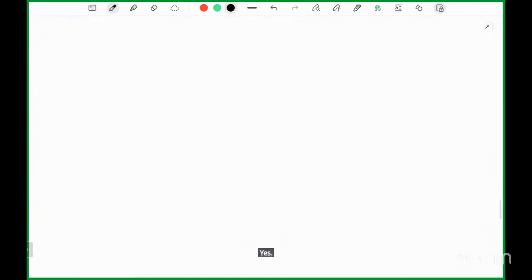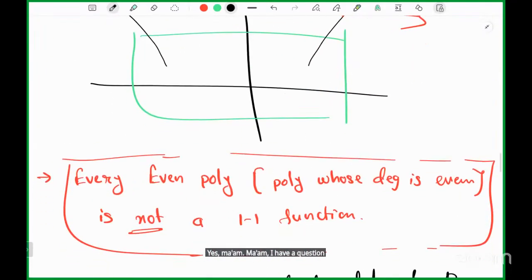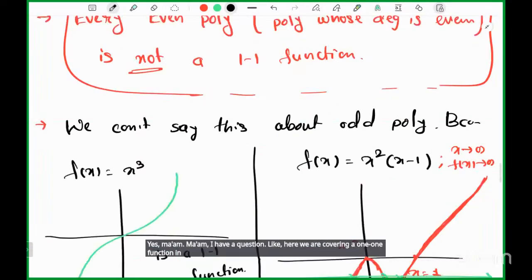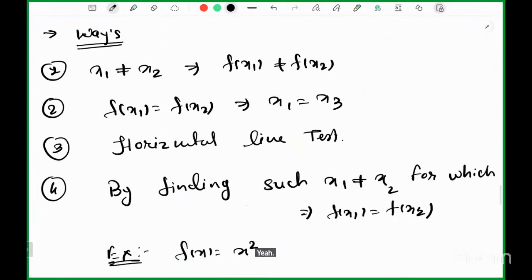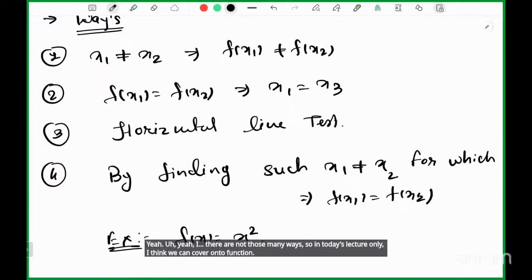Ma'am, I have a question. Here we are covering one-one functions in very much detail. Are we sometime in future going to cover onto functions as well? Yeah, there are not that many ways. So in today's lecture only, I think we can cover onto functions, but we'll see.